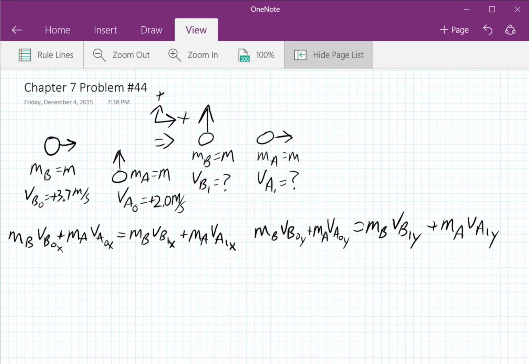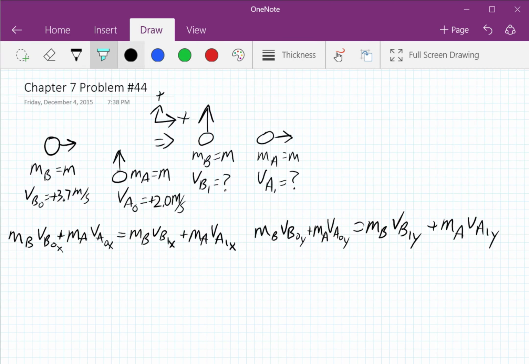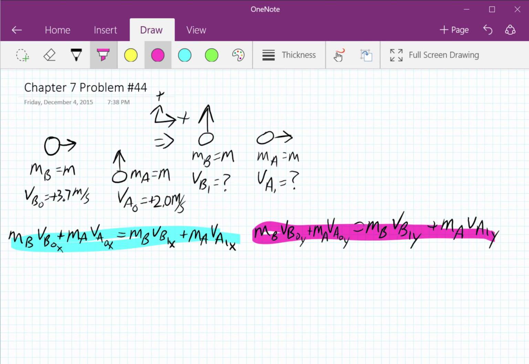Okay, so we have our x's, and you have all your x values, and you have all your y values.